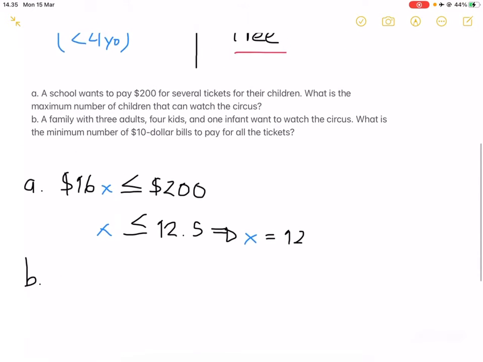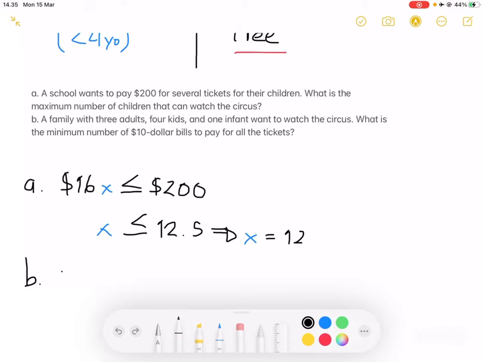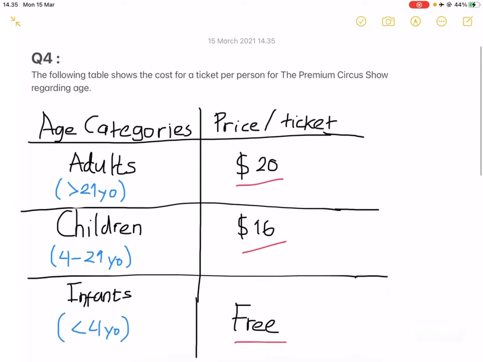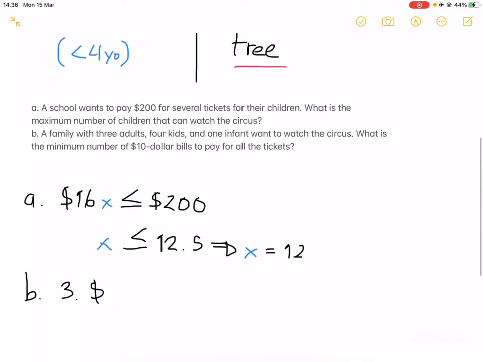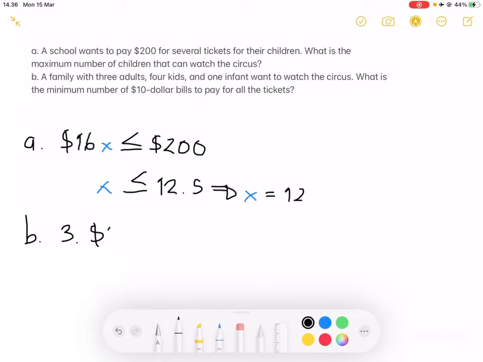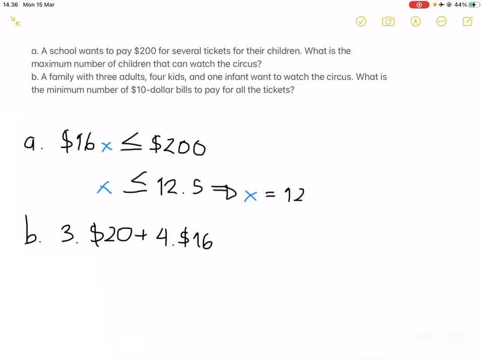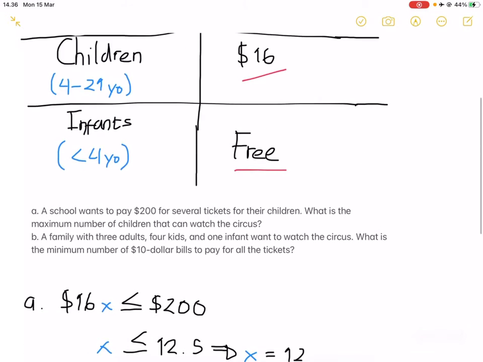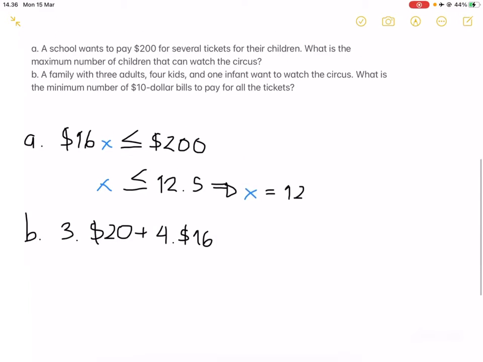So we have 3 adults, and we know that the cost per ticket per person for adults is $20, plus 4 kids, and we know the price per ticket per person for children will be $16, and for infants the circus does not charge any price at all for the tickets.